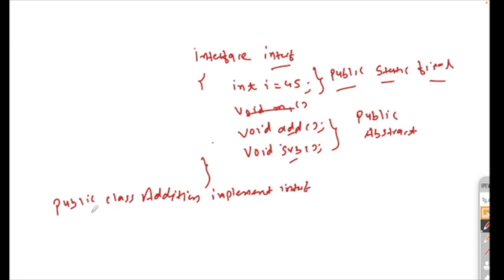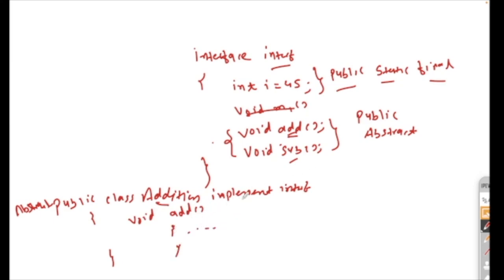Now if you are implementing the interface, you have to provide the implementation for all the methods. But let's suppose in this class I want to provide implementation for only one method, so I have to make this class abstract, right? So I will make this class abstract, and here I will just provide implementation for one method, which is add.